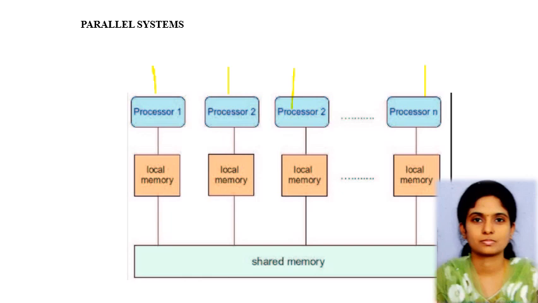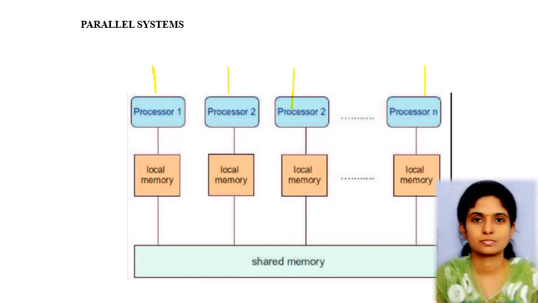Here we have bit level parallelism also. Bit level parallelism is parallel computing based on increasing processor size, and it reduces the number of instructions that the system must execute in order to perform a task on large sized data.